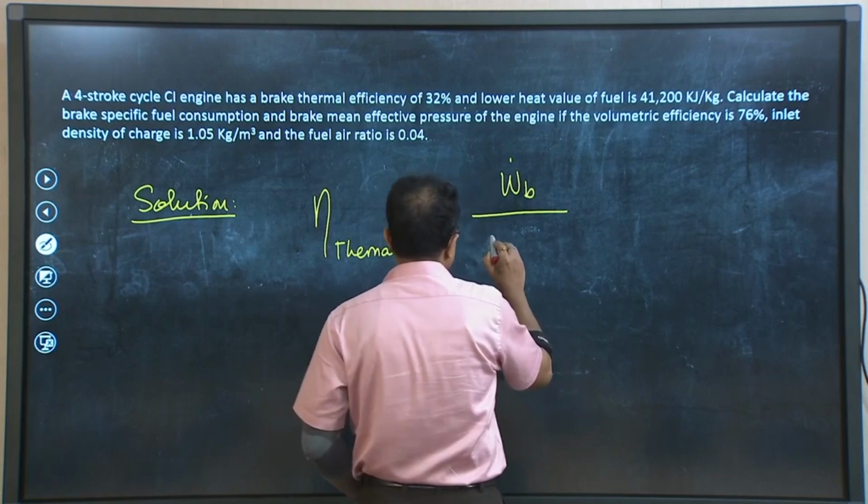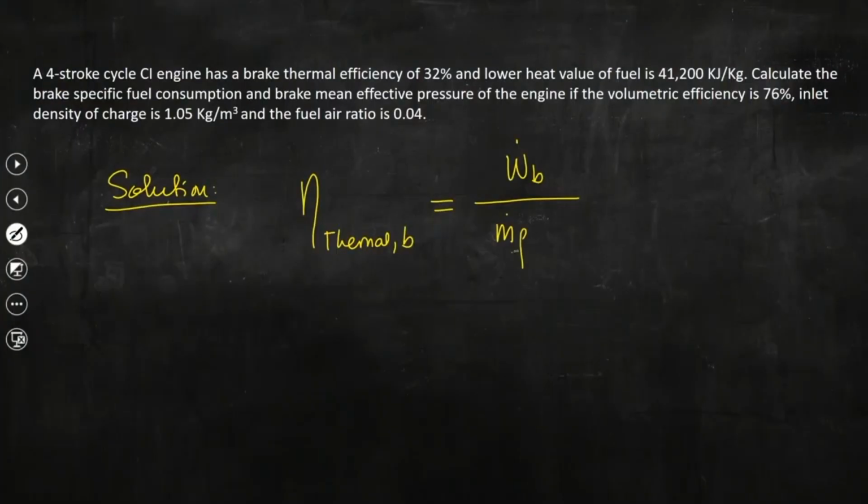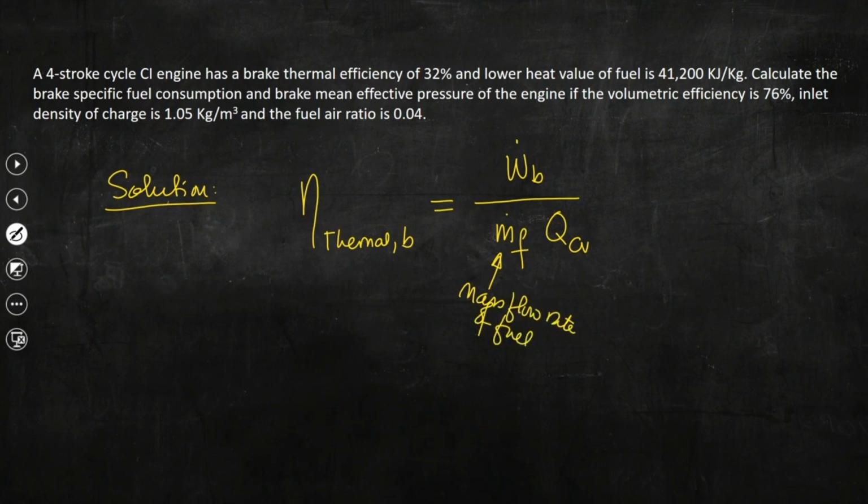So, this is m dot f into the calorific value of the fuel. This is the expression, where m dot f is the mass flow rate of fuel and this is the calorific value of fuel.